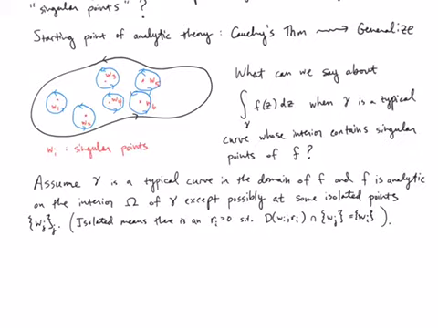Okay, and what we can do now is apply Green's theorem to the region in between here. So we can apply Green's theorem to this region, omega. Well, I already called that omega, so let me think of a different letter. Let's just say R for region.